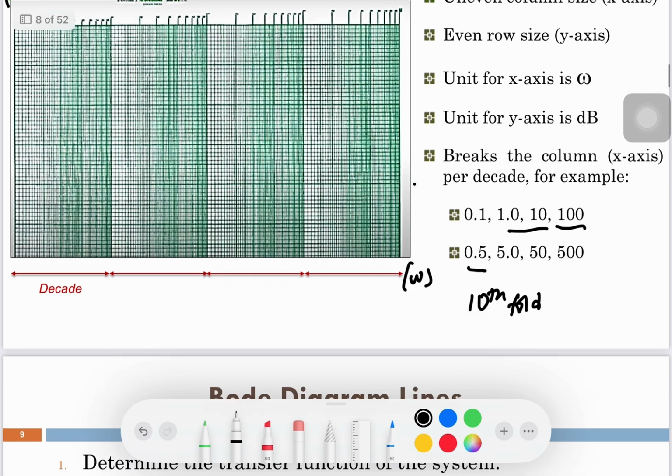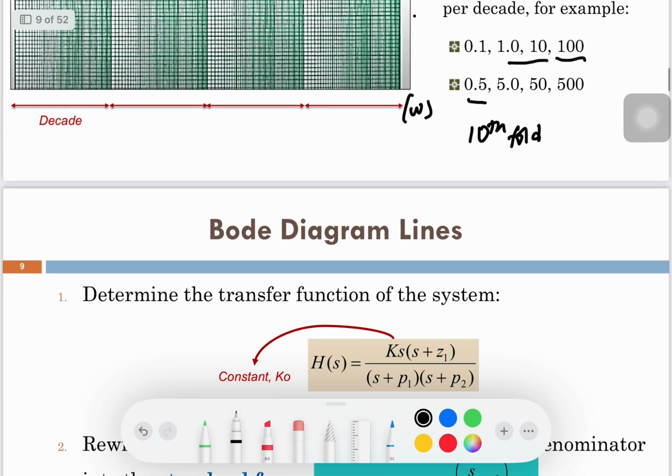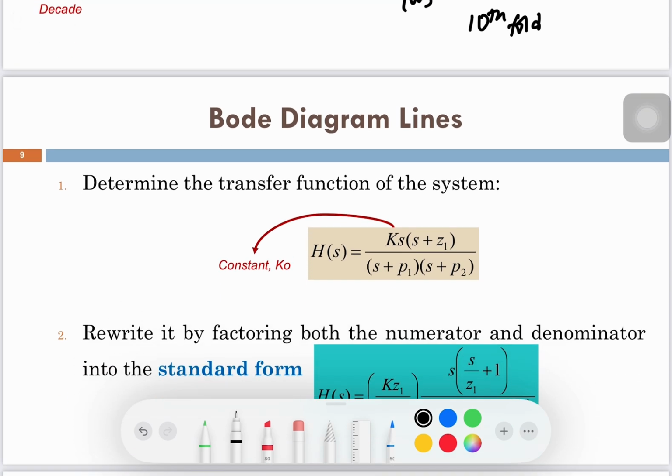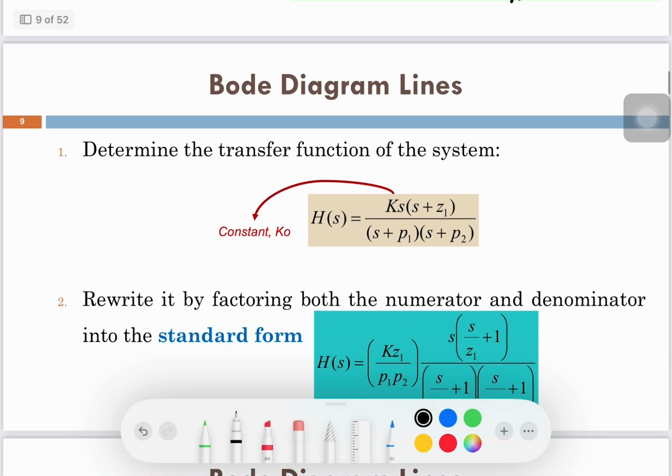Now, how can we draw the Bode plot based on the transfer function? In order to draw the Bode plot, you need to convert the given transfer function into the general equation, or the standard form, of the transfer function. For example, let's say this is your given transfer function.